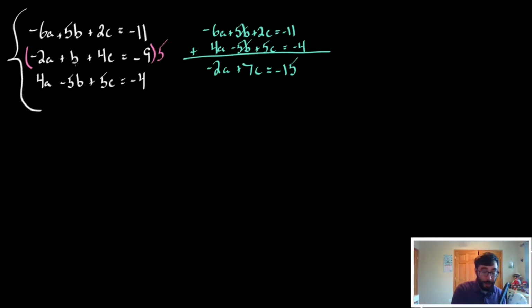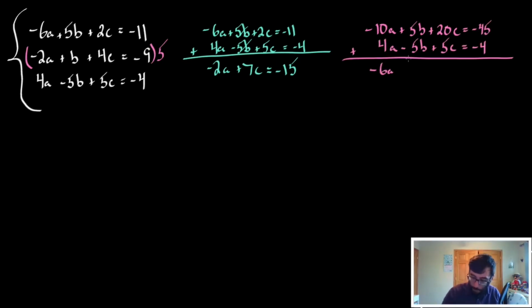So when I add 5b and -5b, they will once again cancel out. So I'm going to go ahead and do that now. Okay, so when I multiplied the second equation through by 5 and added it to the third equation, I'm left with -6a plus 25c is equal to -49.